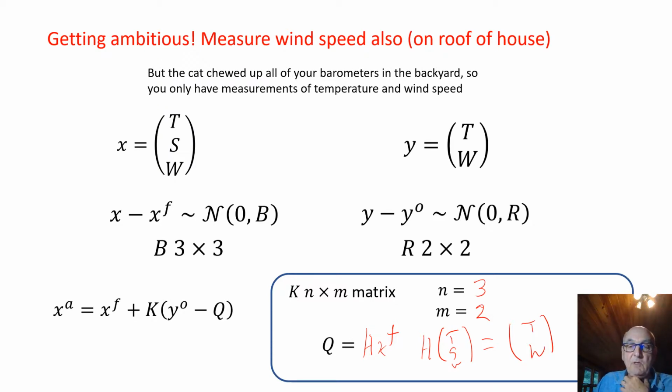So, let's see, is it a 2 by 3 matrix? It's going to multiply a 3-vector, so it's going to have 3 columns and 2 rows. So it's a 2 by 3 matrix, as opposed to K, which is going to end up being a 3 by 2 matrix.